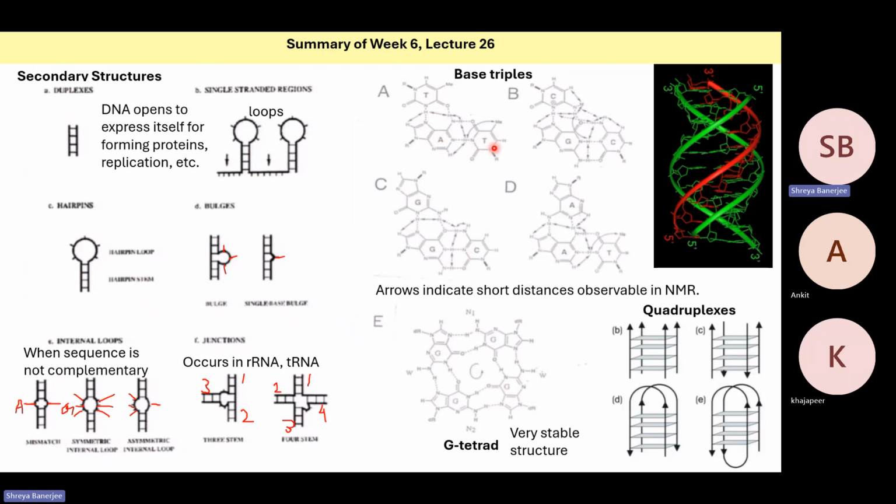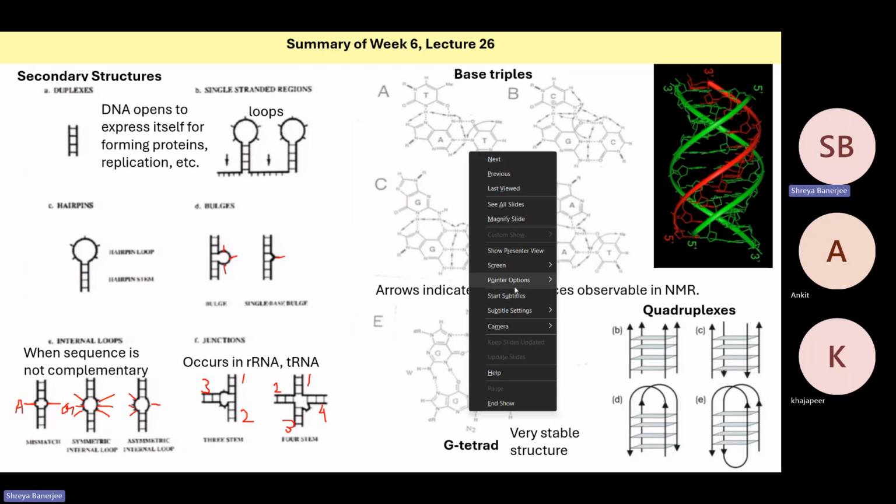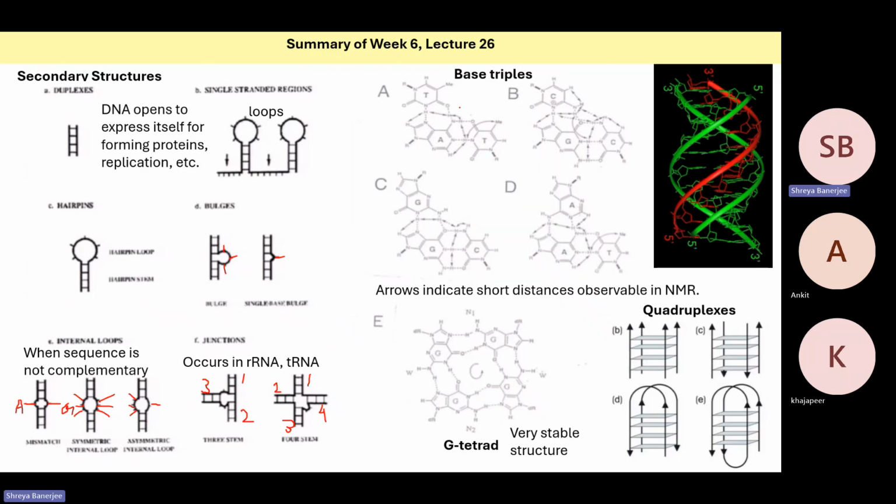You can see here between A and T, this is the Watson-Crick base pairing formed between this A and this T. You can also have a T coming from the other side and forming the Hoogsteen hydrogen bonding, so between this T and this A is the Hoogsteen hydrogen bonding.